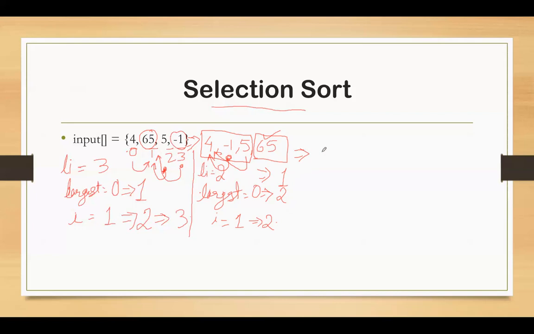So this will give the array as 4, minus 1, 5 and 65. Now 4 and minus 1 are the unsorted partition, and 5 and 65 are the sorted partition. So in this way, we can swap the rest of the 2 elements. And this is how selection sort works.